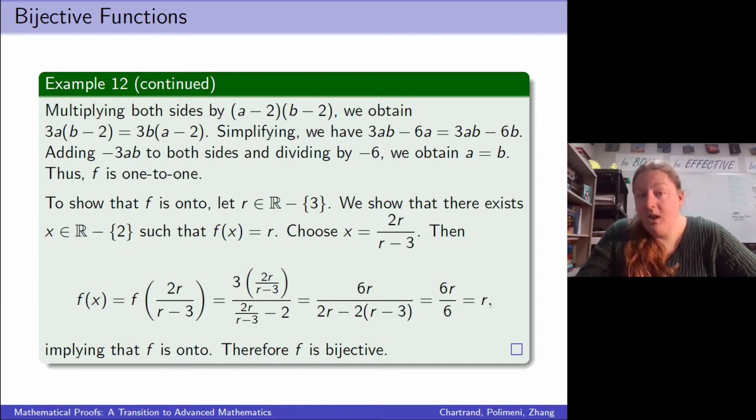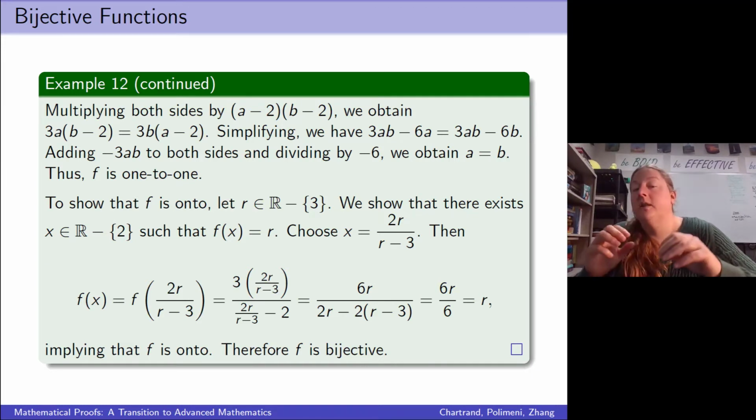We're going to do the prep work on the side the same way that we did in our previous example of showing that something was onto. Once we do that, we're going to see that we want to choose x equals 2r divided by the quantity r minus 3. Now we're allowed to divide by r minus 3 because remember, r can be any real number except for 3. So we won't be dividing by 0 here.